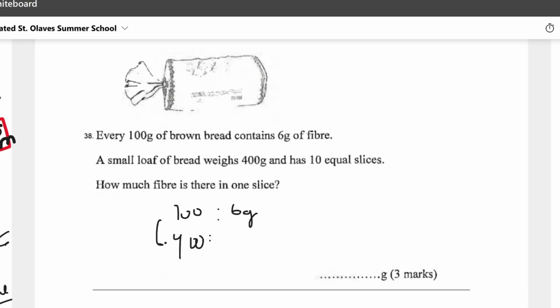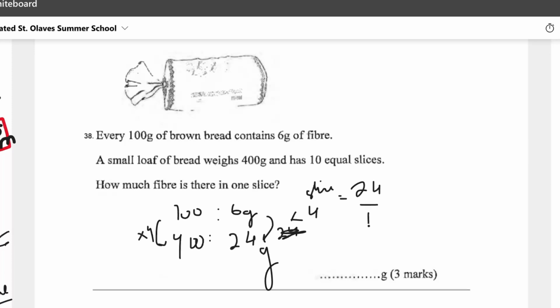We have to multiply each side by 4, and that becomes 24. So we have 24 grams in total, but then 1 slice is equal to 24 divided by 10, which is going to give us 2.4.